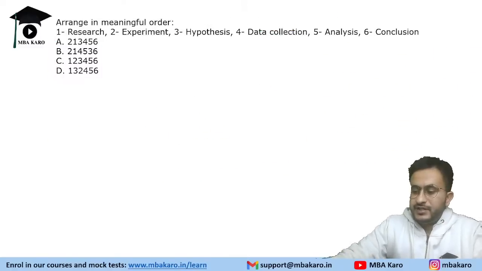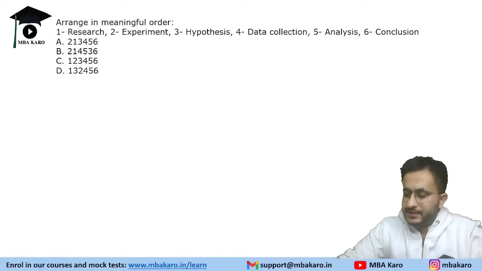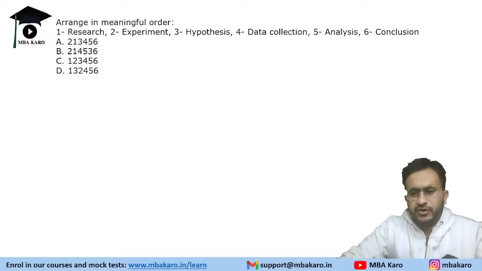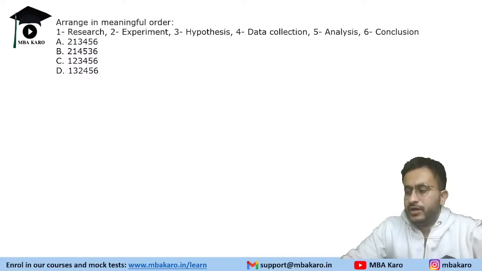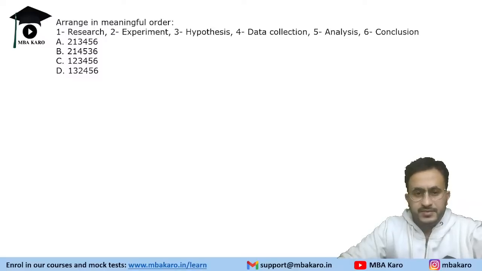Meaningful sequence. This time in first slot they did not ask, but typically there has been a question on these kind of things, like meaningful sequence, or last year there was alphabetical sequence, or chronological sequence. These kind of questions are at times asked. So it's an easy one.